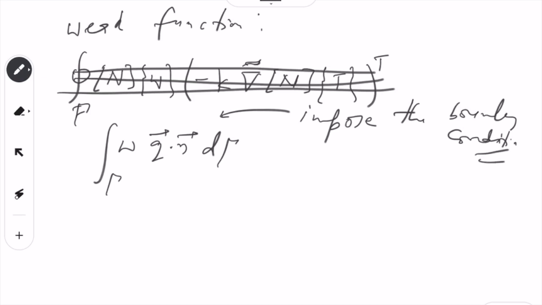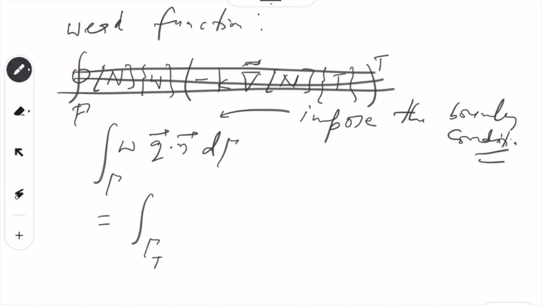As I explained in the last video lecture, this will have two types: either T is given, and then this w will be 0 here.